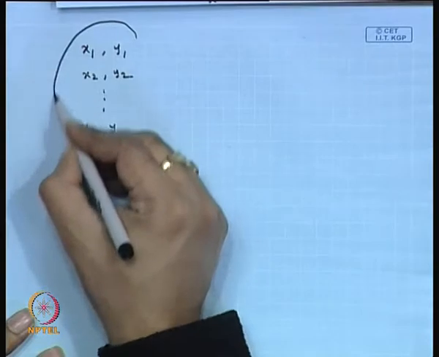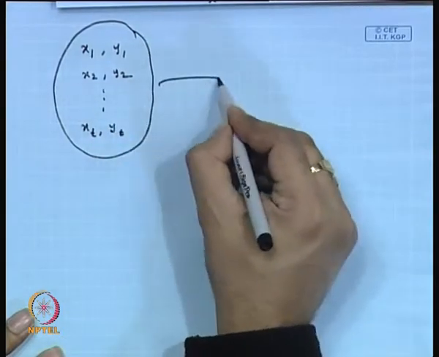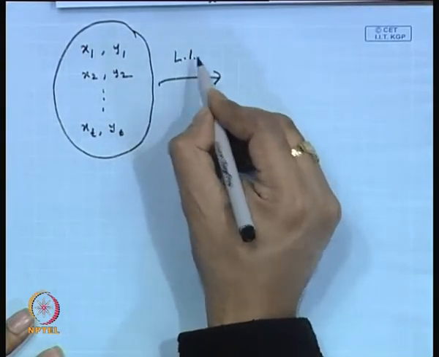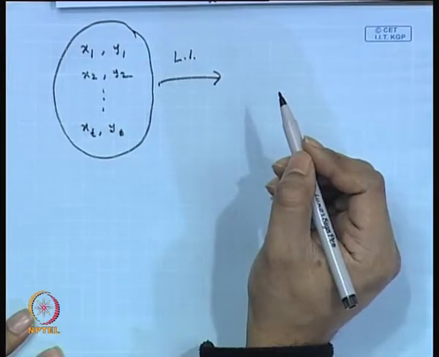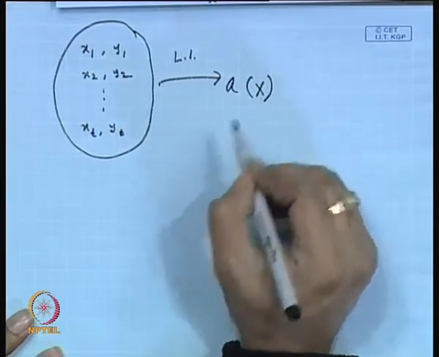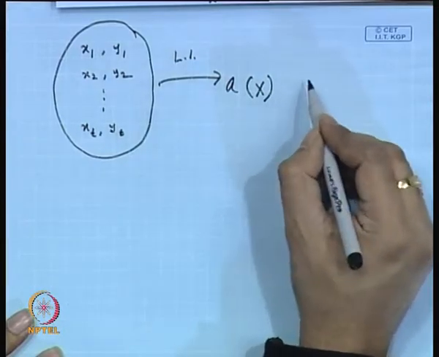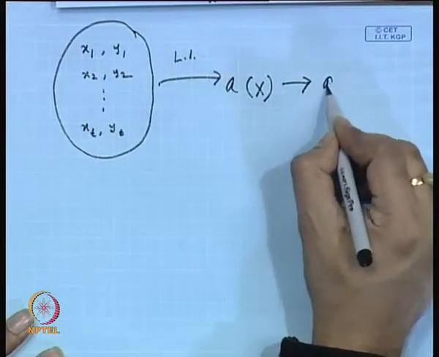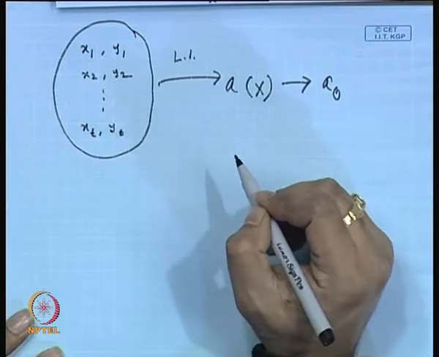From there they apply Lagrange's interpolation technique to obtain the polynomial a(x). And if they know the polynomial a(x), then they know that a0 is the secret.